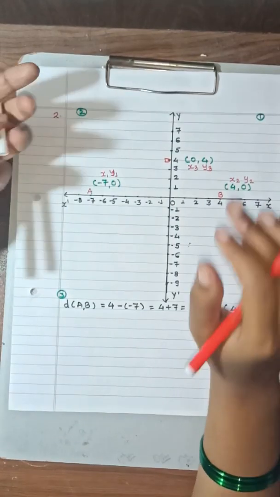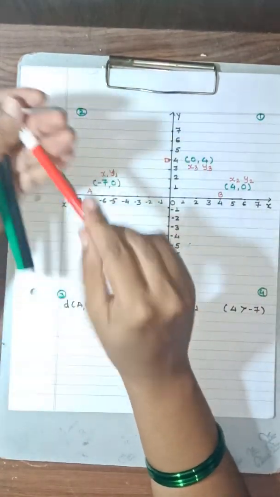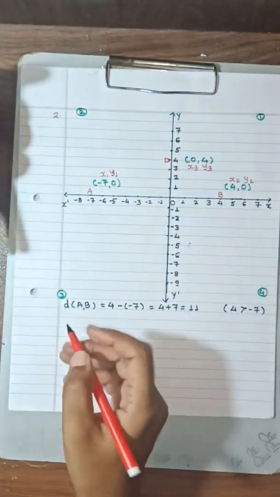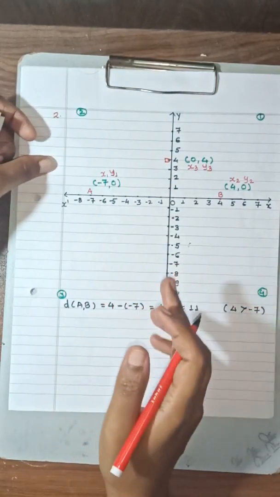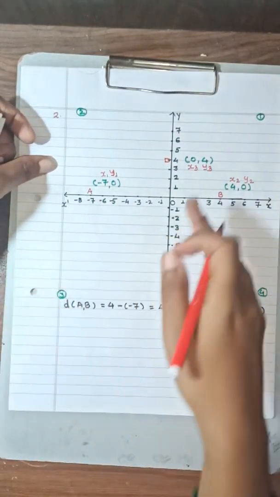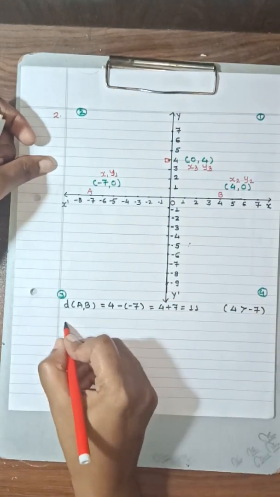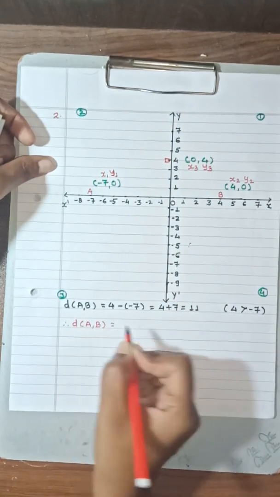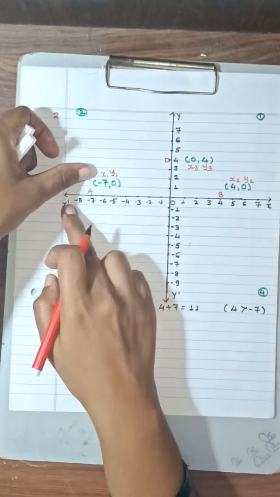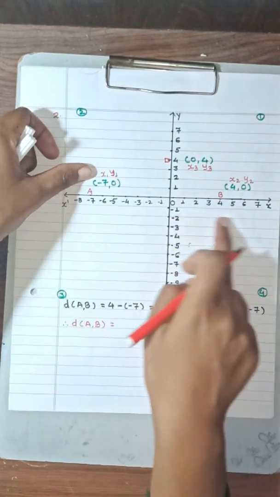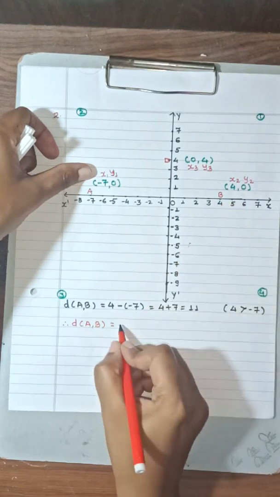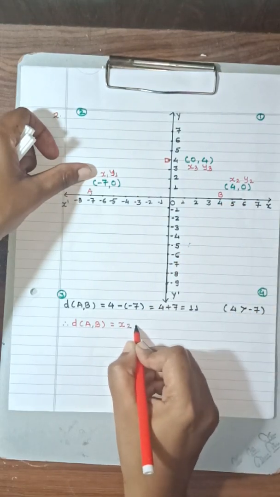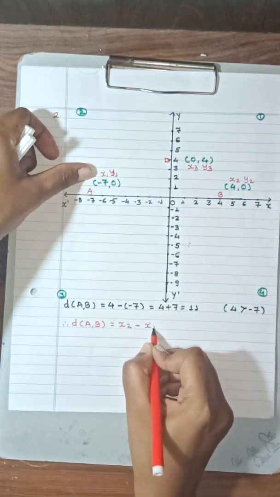Now, children, in this way, if you have to find the distance, I'll write down here. When you're going to find distance AB on the axis, that time, when you're finding it in terms of the X axis, the distance will be X2 minus X1.